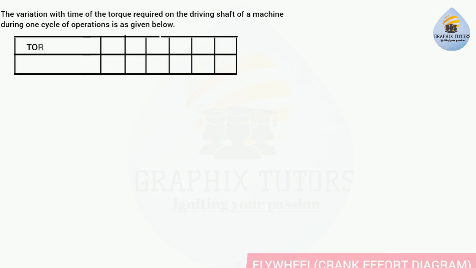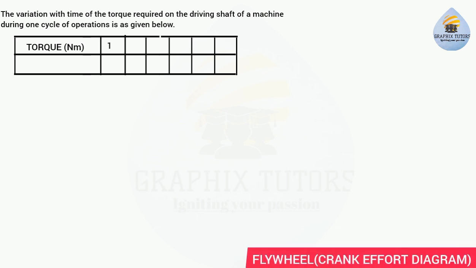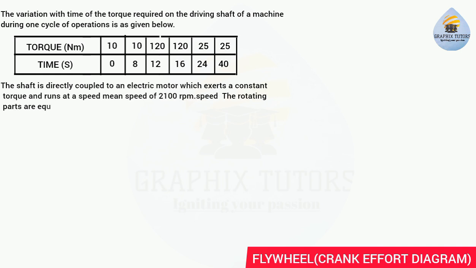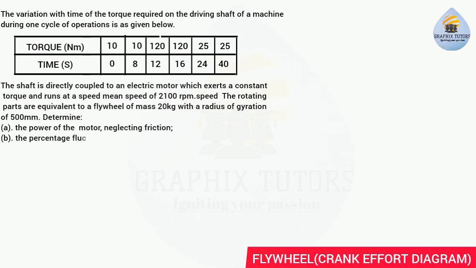We are given the torque in Newton meter to be 10, 10, 120, 120, 25, 25, and the time in seconds is given to be 0, 8, 12, 16, 24, and 40. Now the question continues. It says, the shaft is directly coupled to an electric motor which exerts a constant torque and runs at a mean speed of 2100 rpm, which means revolution per minute.